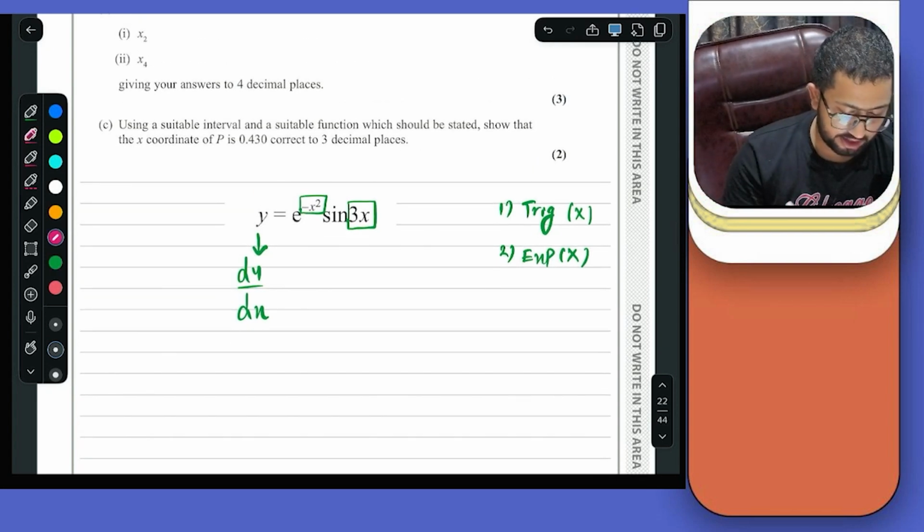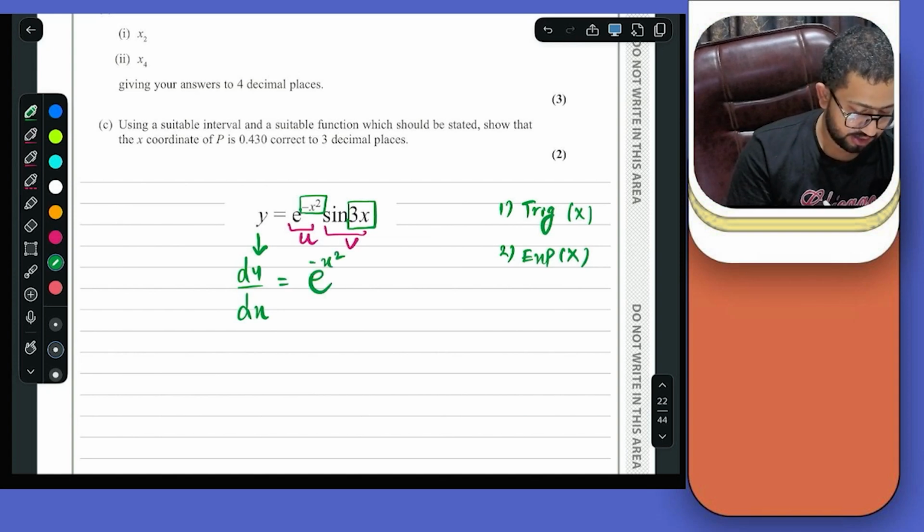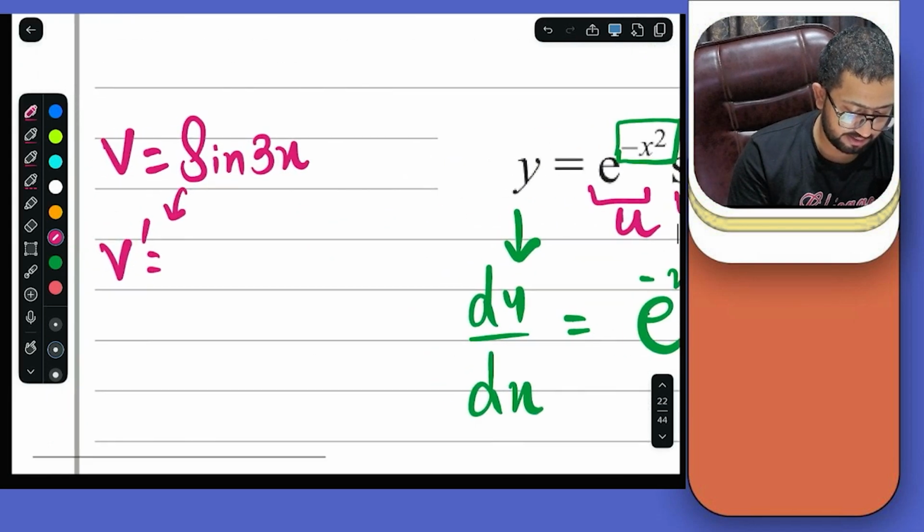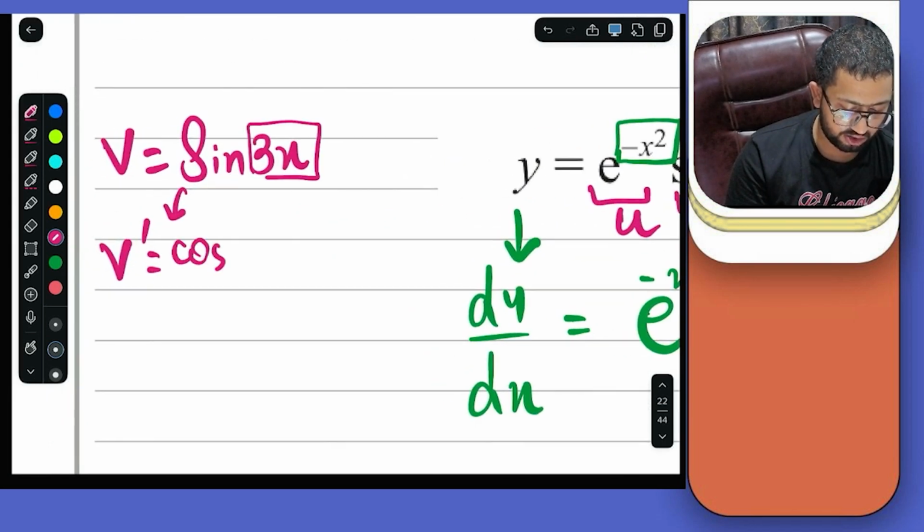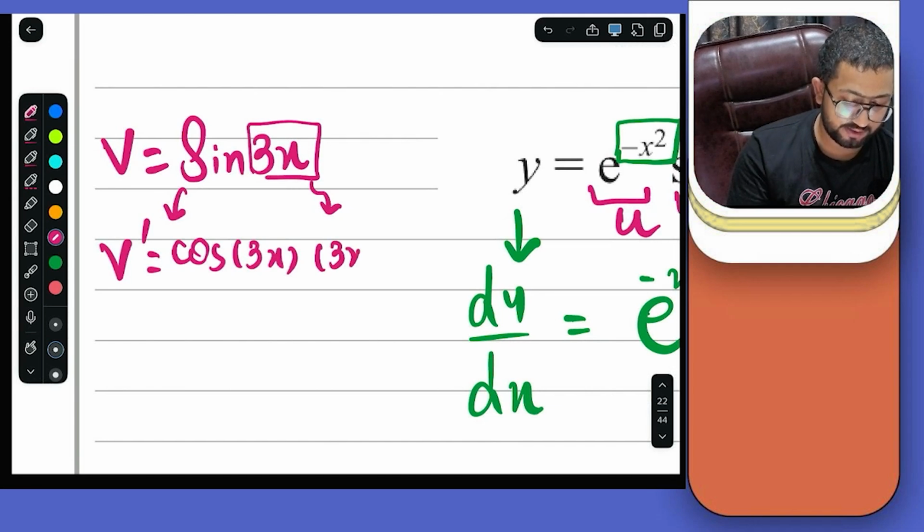How to apply the product rule? u into the derivative of v, plus v into the derivative of u. Let's take the derivative of v separately. The derivative of sine of 3x will be cos of 3x, further times the derivative of 3x, which is 3.